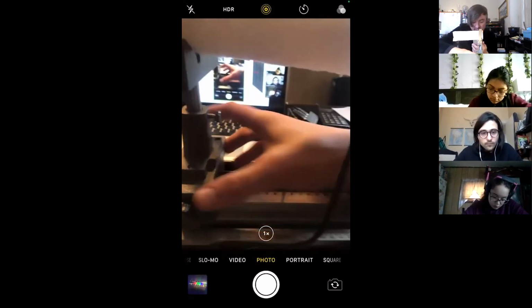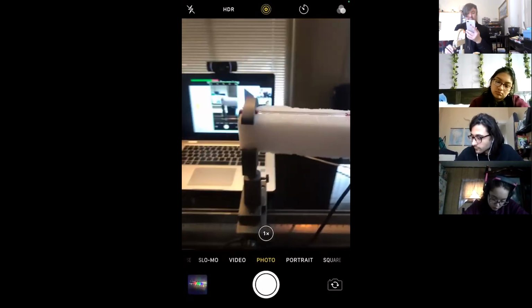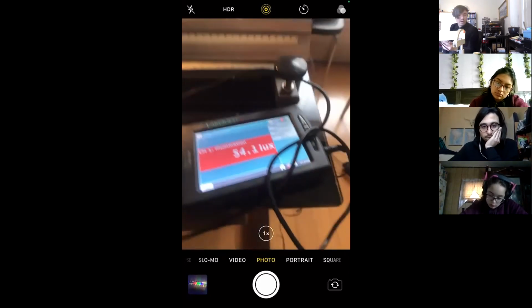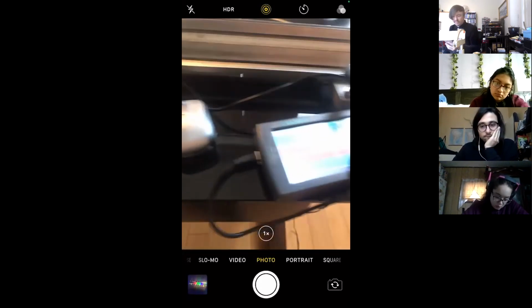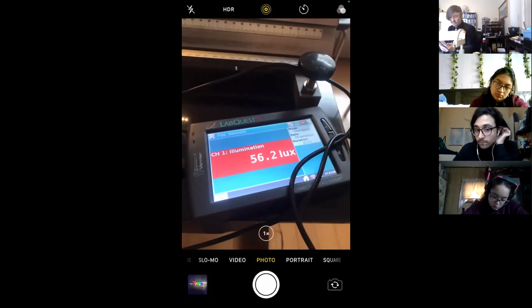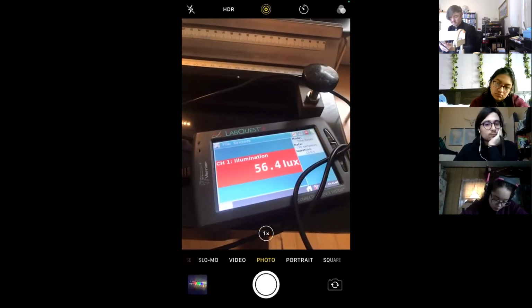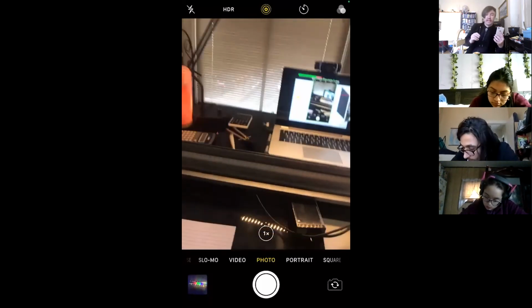Slide up to 60 centimeters. This is just the background. Wow. The background jumped, probably because of the scattered light here. We'll just keep everything constant. 55. That's wild. See how when you move it around, the background can change quite a bit?